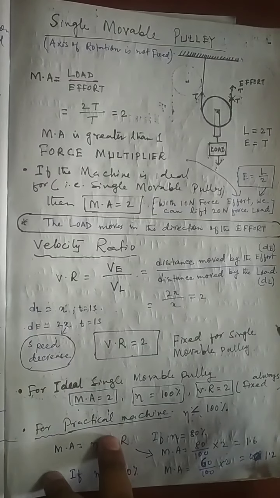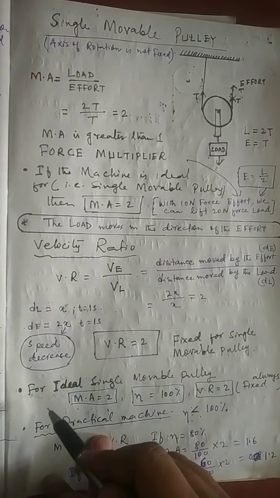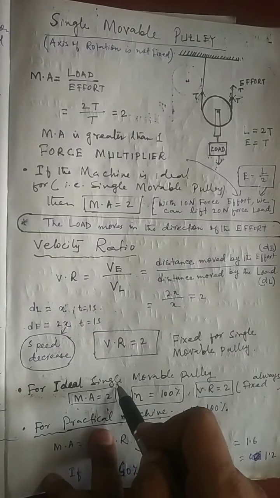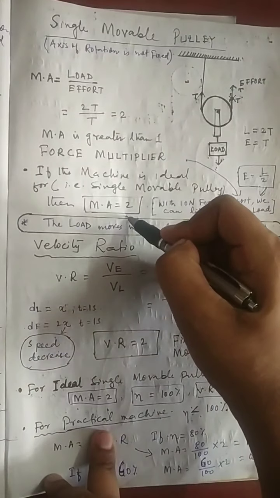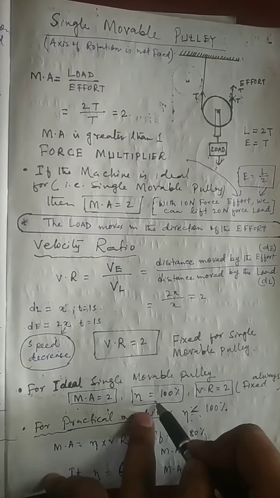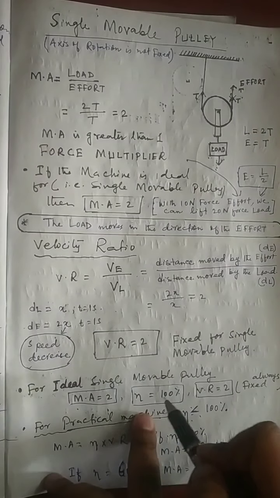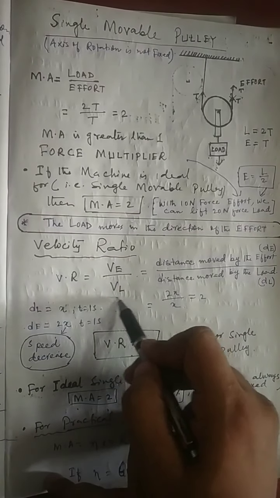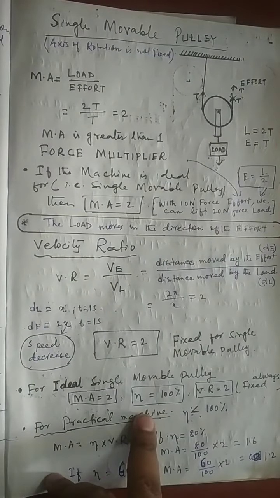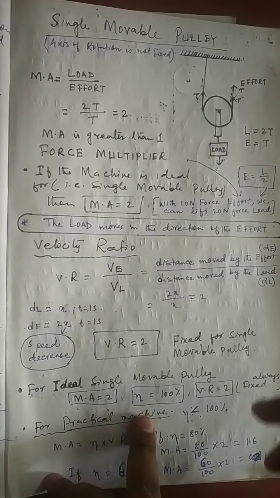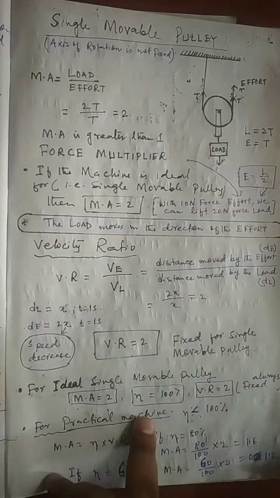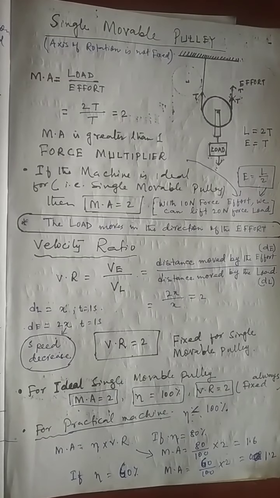Now look at the ideal condition. For the ideal condition, mechanical advantage equals 2 and efficiency will be 100%. Efficiency means the input and output will be the same: whatever the amount of input, the same amount of output will come, then that machine has a 100% efficiency rate.